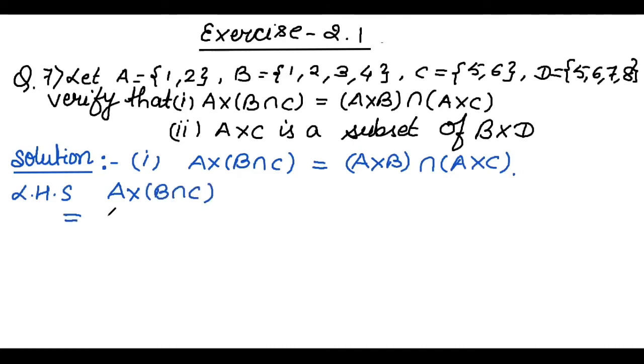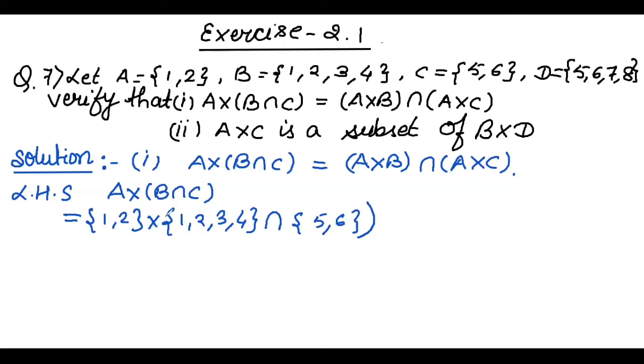Set A is here 1, 2, cross B intersection C. B is here 1, 2, 3, 4. Intersection C is here 5, 6. So it will be 1, 2 cross the intersection, and intersection means common in both.